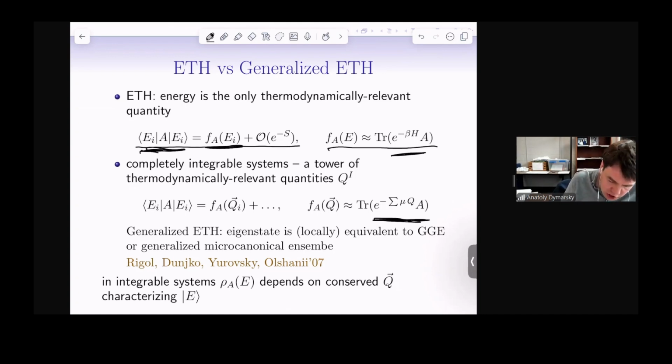So now the generalized Eigenstate Thermalization Hypothesis should look like this. Diagonal matrix elements of a local operator are smooth functions of the densities of the conserved quantities. And if there are many such quantities, you should include all of them. This is a very standard framework, which was introduced almost 20 years ago, around the time when the conventional ETH came to prominence.